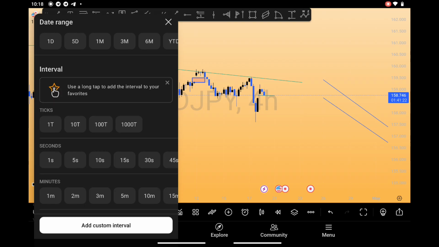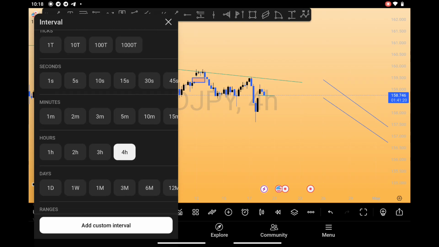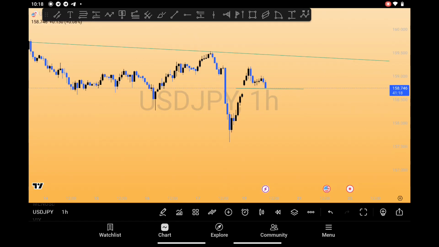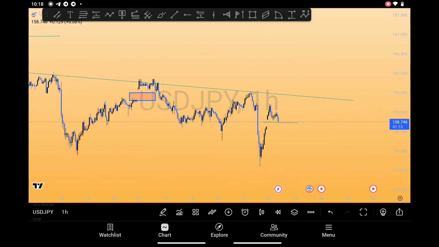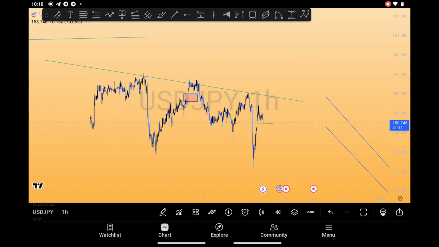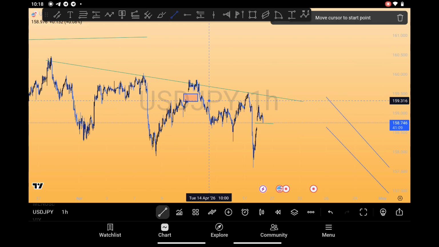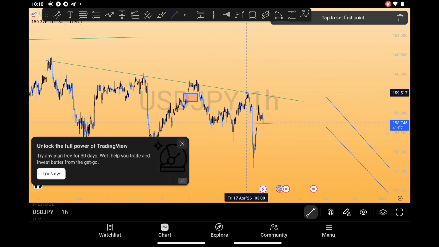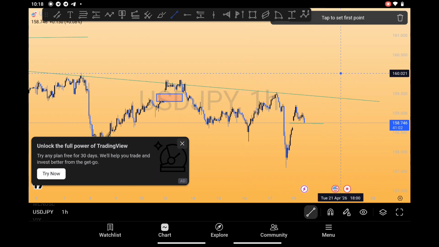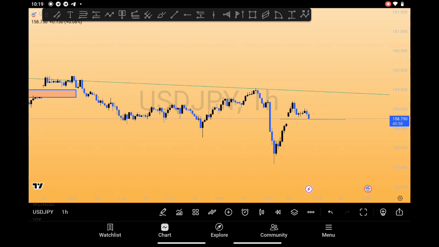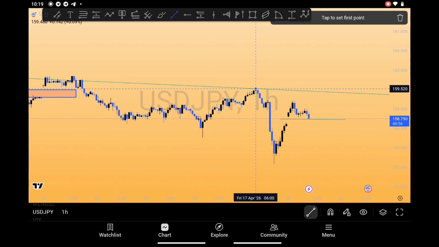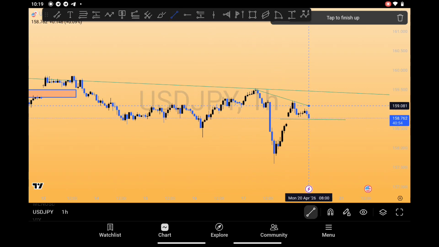So take me to the 1 hour. Reaching the 1 hour, I'm also seeing another flow, support and resistance wise. Let me first zoom out a little bit so that we can understand. Support and resistance wise, I can see a flow happening right here.